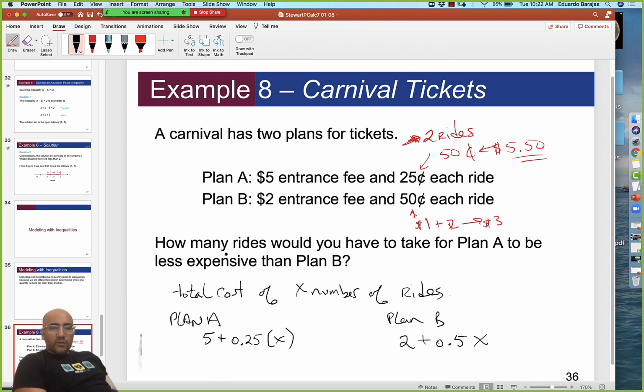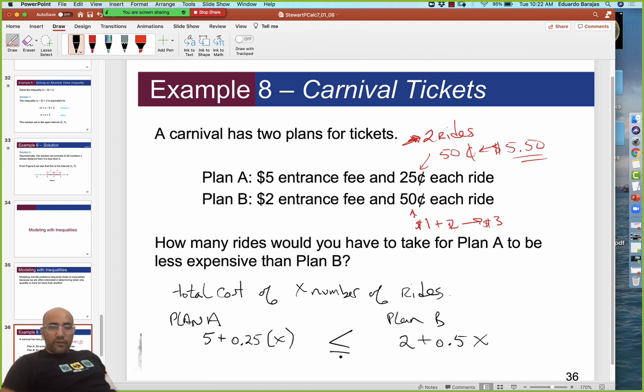And then the question was, how many rides would you have to take for Plan A to be less expensive than Plan B? So maybe that's what we're looking for. Find the values of X so that this plan is still less expensive than that one. Okay, so that's what we got to solve.